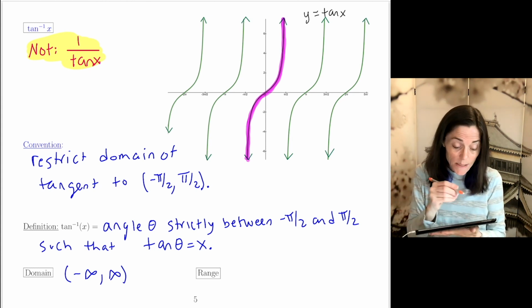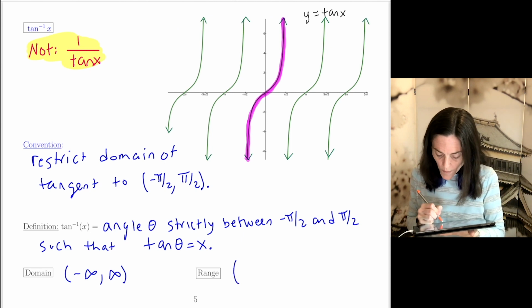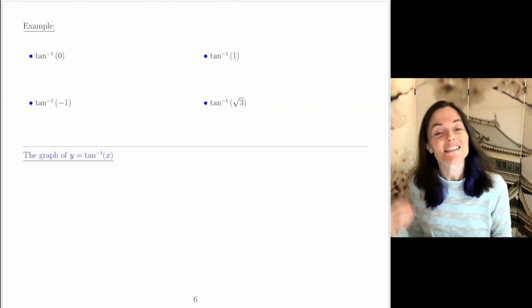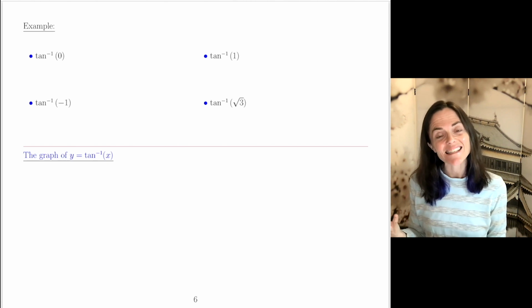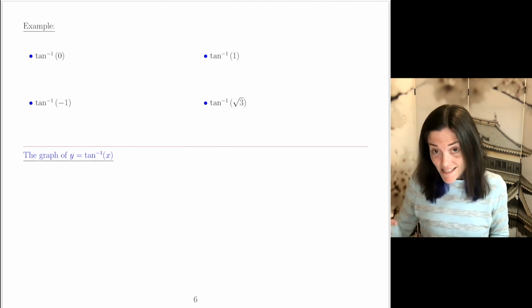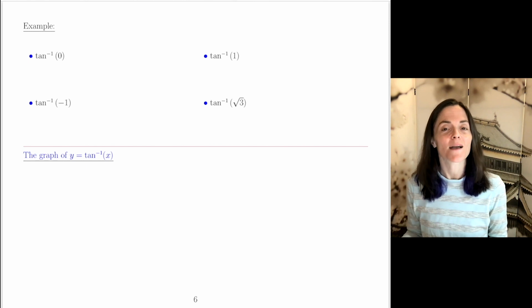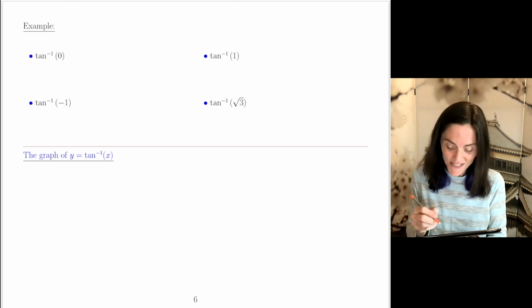Okay, and then its range would just be this open minus pi over 2 to pi over 2. So let's evaluate the tan inverse at a few values just to practice. And then because this function is defined on all real numbers, I want to talk about the graph of the tan inverse.